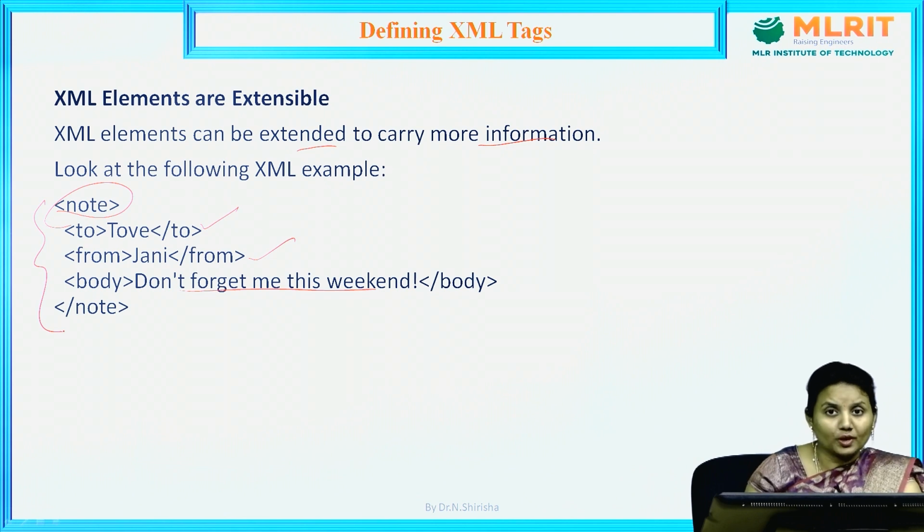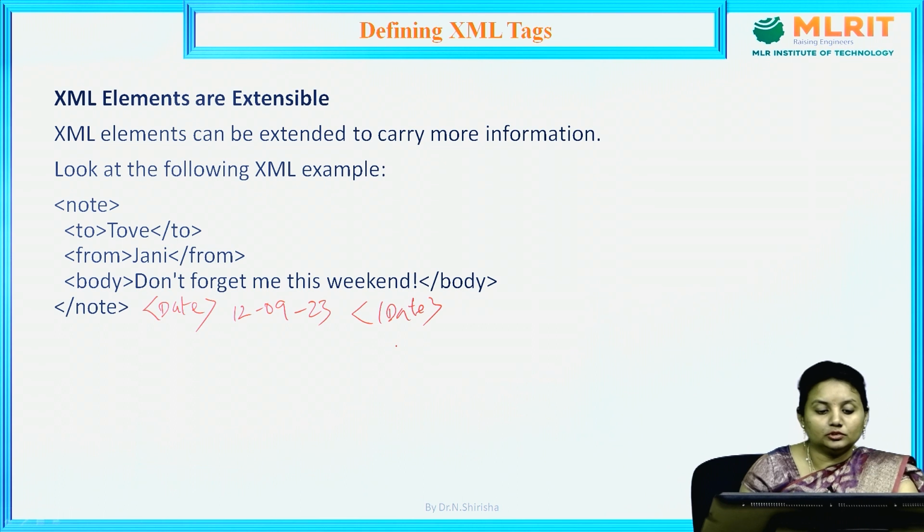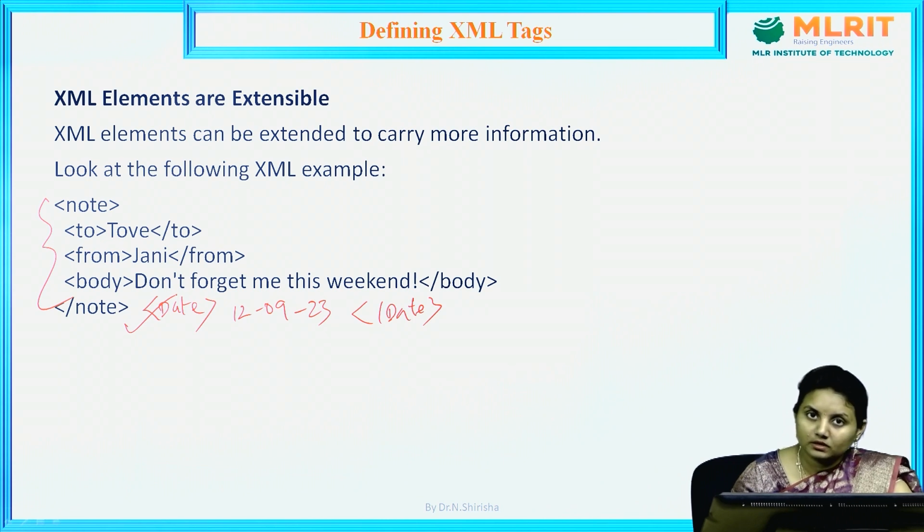If you add some elements, firstly you have written this text and then you have added some date, okay, don't forget me this weekend. So I am going to give some date also. If you did not have that before and you add it, it gives you the appropriate output.